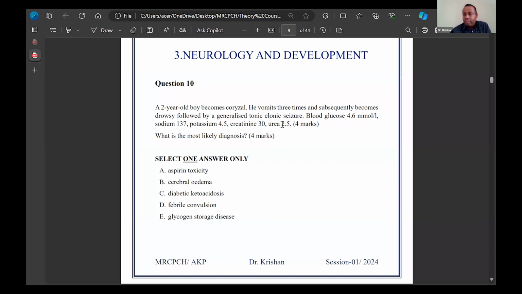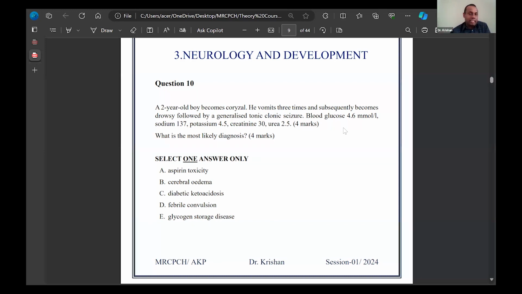Yes, febrile convulsion is possible. And then could that be glycogen storage disease? Glycogen storage disease can cause seizures. If that happens, that is generally due to hypoglycemia. Here, the blood sugars are normal, 4.6, so that should not cause seizures, right? Then the likely two answers are either febrile convulsion or cerebral edema.